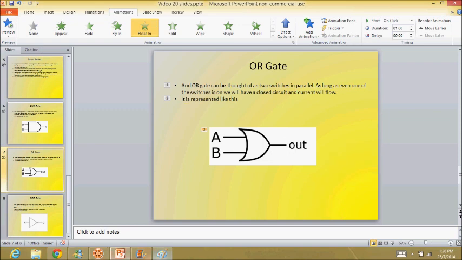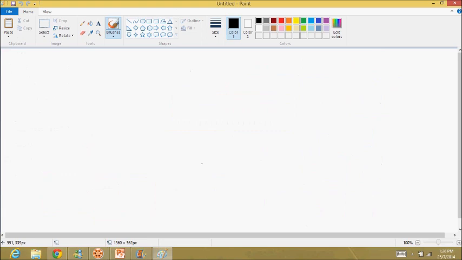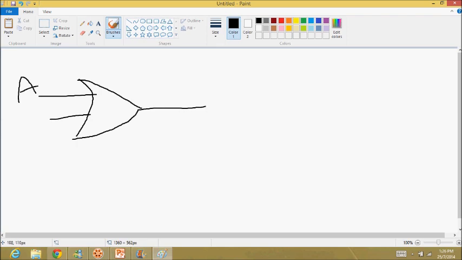So now let's look at the truth table for the OR gate. So there we have our gate, two inputs and an output. So A, B and Y again. So let's just draw a table out again.